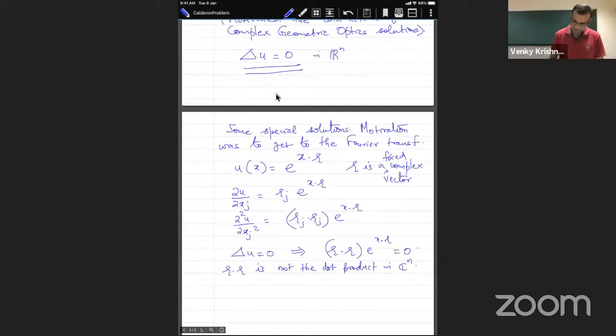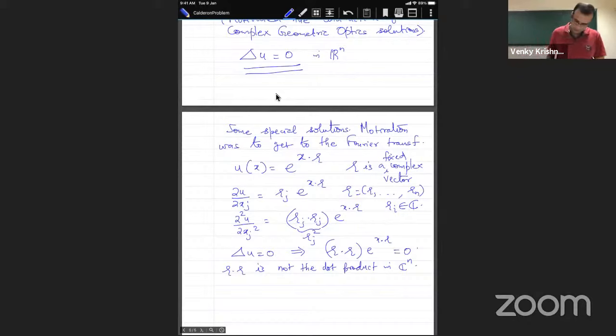So what exactly is it? It is just the sum of zeta j squared, where zeta j is a complex number. So zeta here is zeta 1 up to zeta n, and each zeta j belongs to C. So it's a complex vector in Cn.